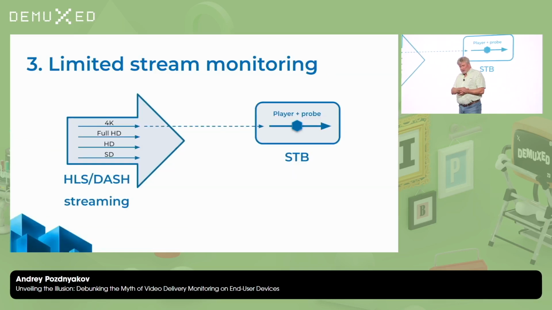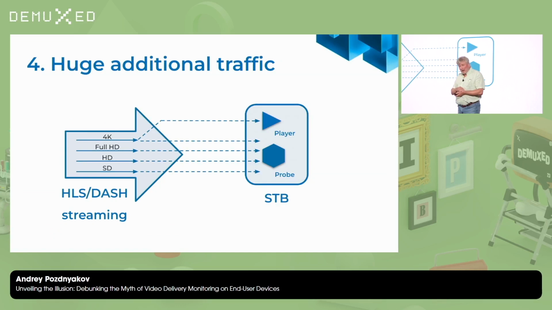Another question is where to integrate the probe. Could we integrate it into the player? In this case, we will listen only to those subvariants which the player currently plays. Or we may install the probe somewhere, not with the player, and it may control all subvariants.